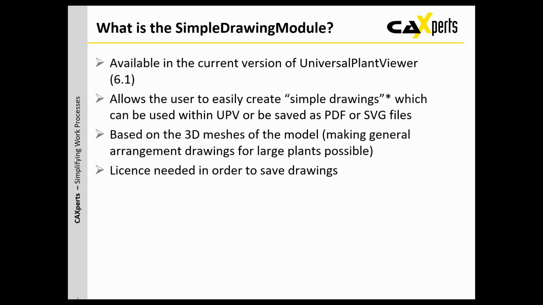We draw what is on the 3D model in a drawing style. Because we use the 3D mesh, we can even have general arrangement drawings of large plants within a reasonable time. So you can create simple drawings of large areas of your plant that you couldn't do before.